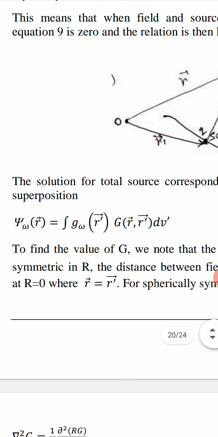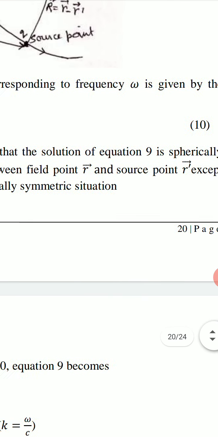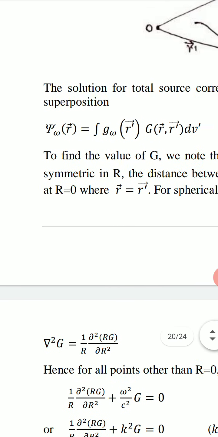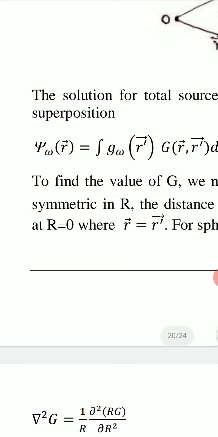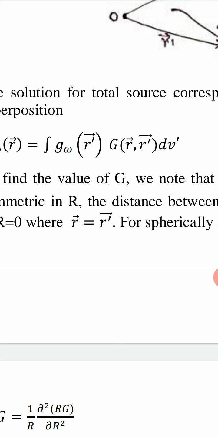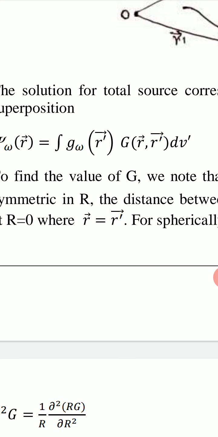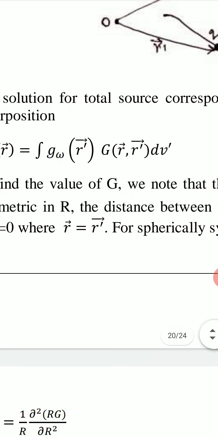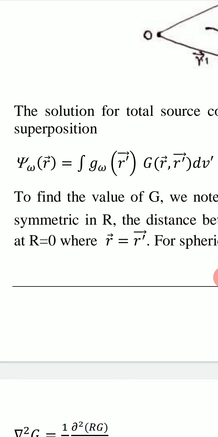The solution for total source corresponding to frequency omega is given by psi omega r equal to integral G omega r dash g r dash dv dash. G is single point potential, and we have to find the superposition.